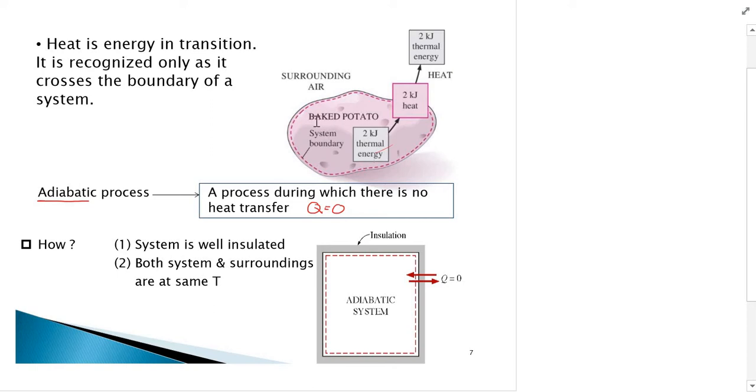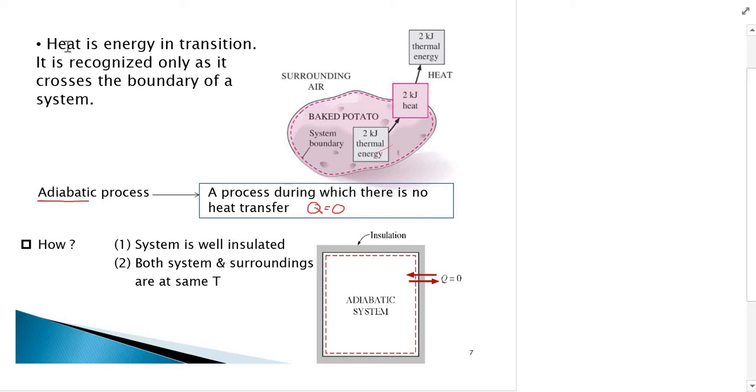Initially, your hot baked potato contains 2 kilojoule of thermal energy, and as you cool it down, you are transferring 2 kilojoule of heat to the surrounding, and at the end, your surrounding will receive 2 kilojoule of thermal energy from that hot baked potato, which is now cooler.